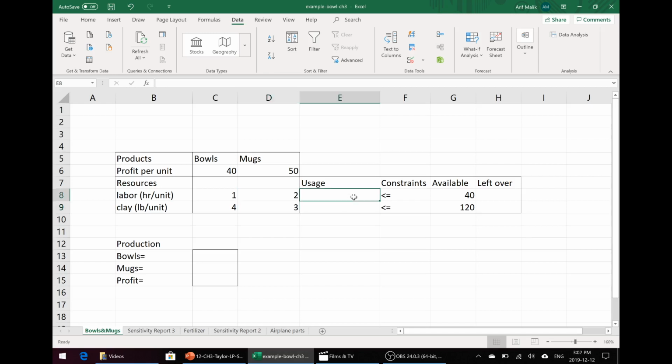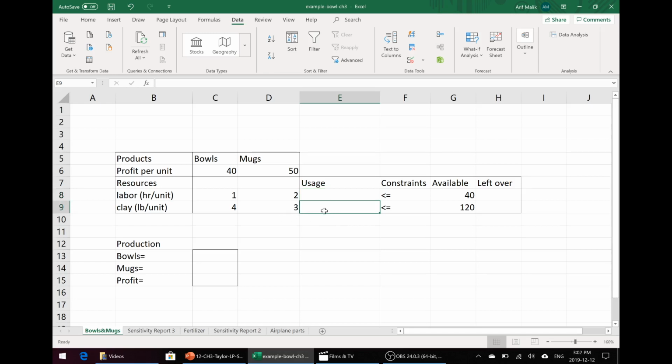Here, we will use this for filling the formula, because the constraint is x1 plus 2x2 less than or equal to 40. So we will write the formula over here, which is x1 plus 2x2, and here 4x1 plus 3x2.